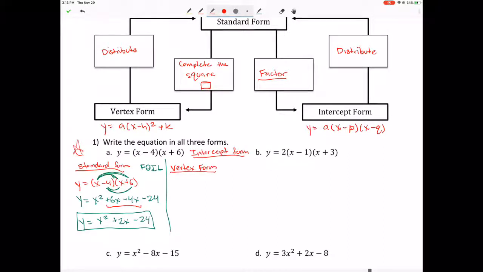Okay, so vertex form is a little more complicated. When we're getting into vertex form, we complete the square. And when we did completing the square, we were using it to solve. So our equation here we'll rewrite, because you have to do it from standard form.